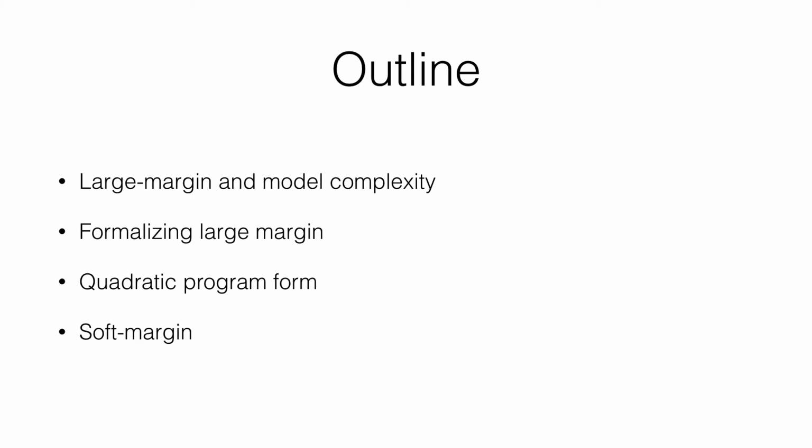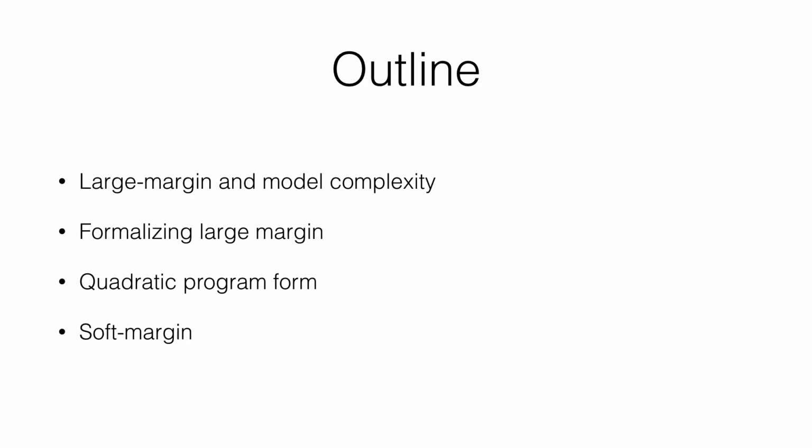So the outline is as follows. We're going to start by talking about what this idea of large margin is. What does it mean, and what is the reason for it? One of the reasons is that it has a strong relationship with model complexity, something we talked about previously. Then we'll talk about how to formalize large margins. We're going to take the intuitive idea of wanting to have a large margin in our classifier, and figure out how to write that down mathematically as something that we can quantify and optimize.